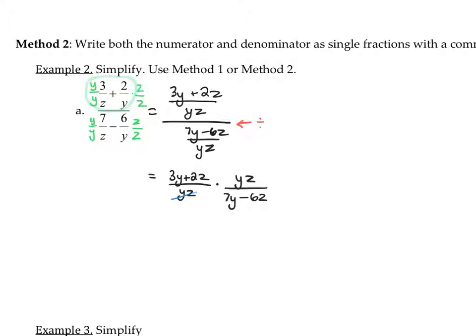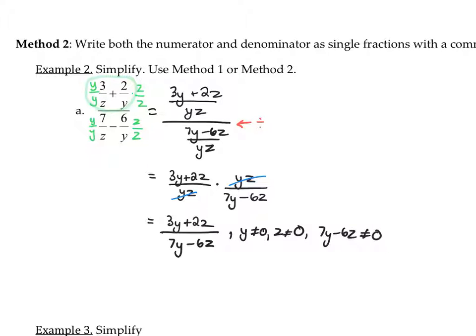Now we can see that the yz's will cancel, and I will get 3y plus 2z all over 7y subtract 6z. Now this is valid as long as y doesn't equal 0 and z does not equal 0. Also, if 7y subtract 6z does not equal 0.